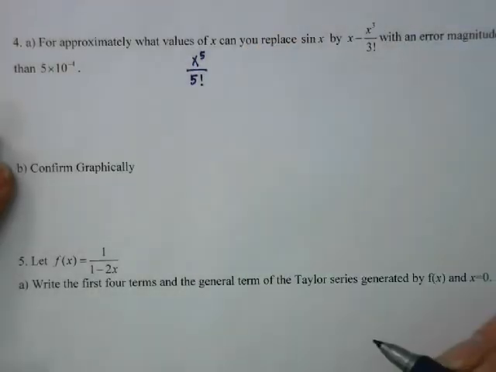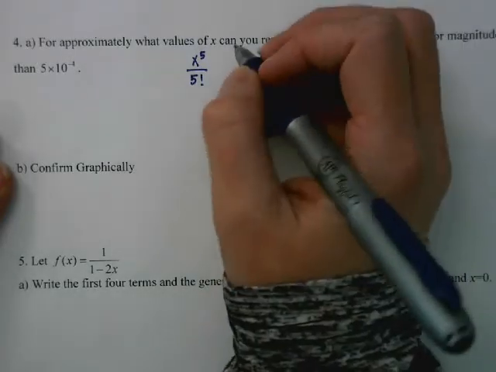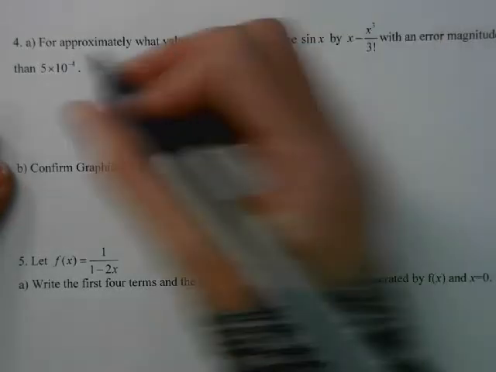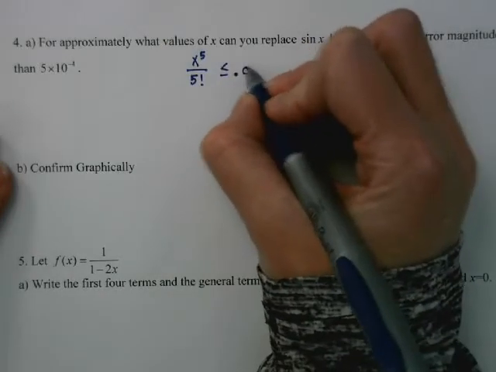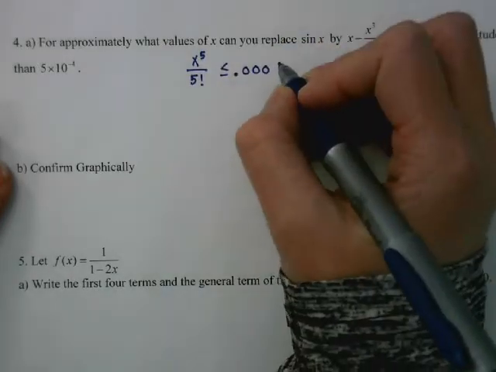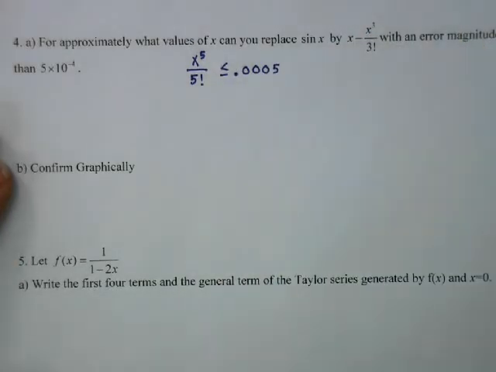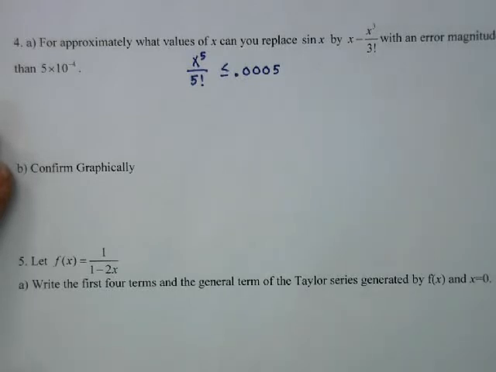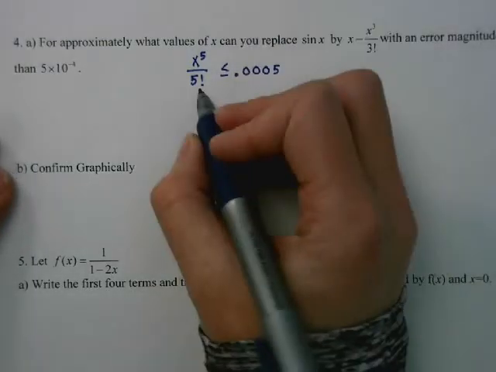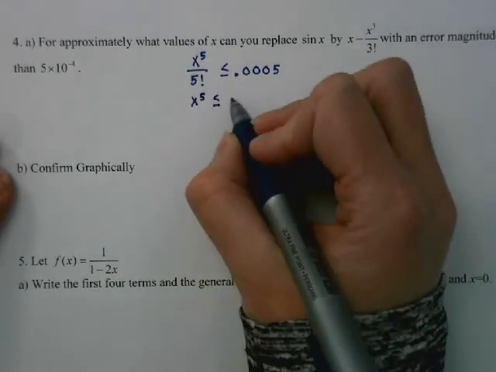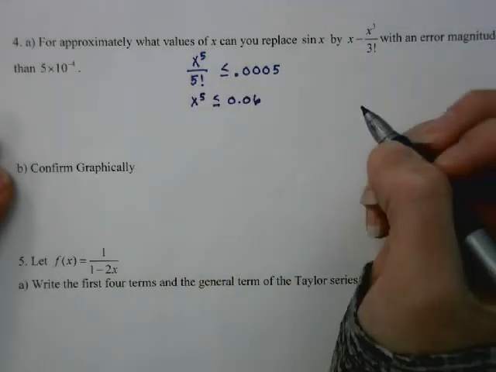Okay, well, if we have the third degree polynomial, that means my error is going to be approximated by the next term, x to the 5th over 5 factorial, and we want this to be less than or equal to 0.0005. Okay, that's 5 times 10 to the -4. So we're just going to solve this and then I'll deal with the negative. So I'm going to multiply this by 5 factorial, which is 120, which gives me 0.06.